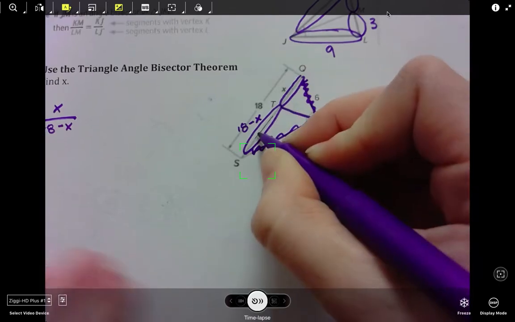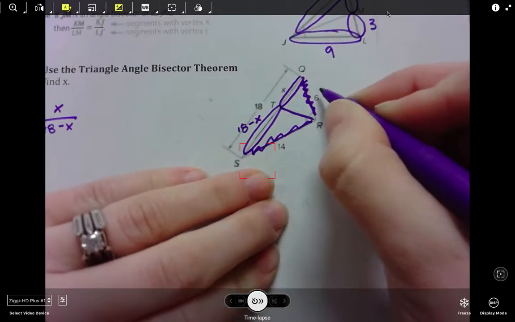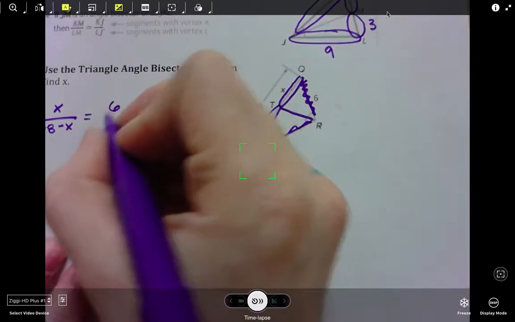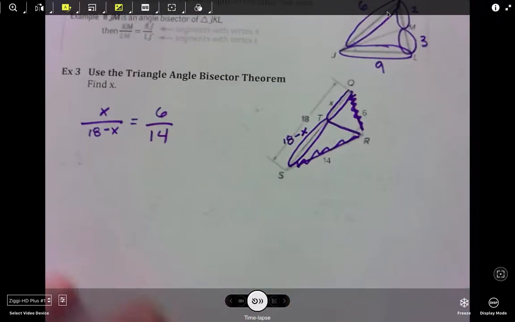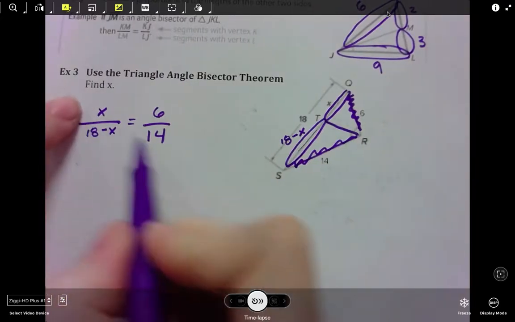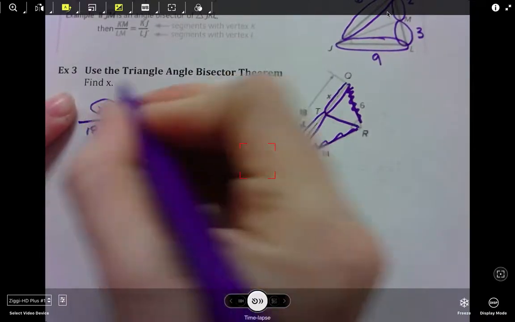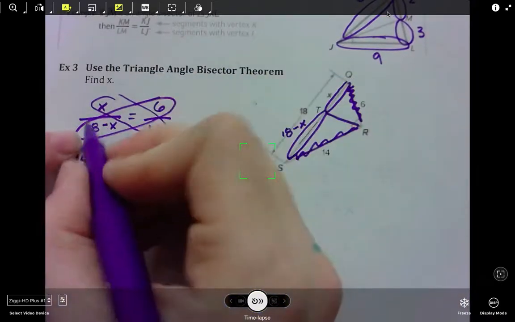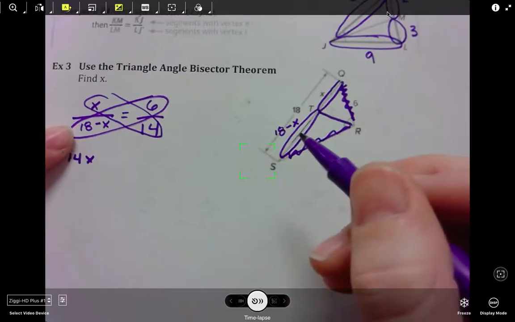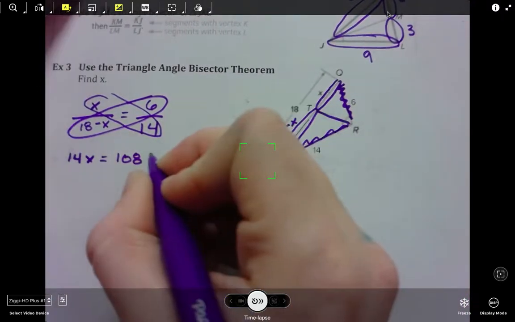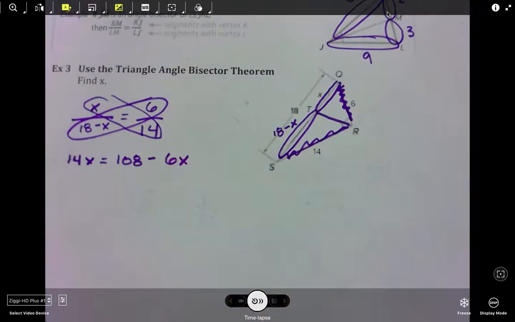So x over 18 minus x will have the same proportion as 6 over 14. So 6 over 14, and then I do a little cross multiply and divide. So x times 14 is just going to give me 14x. Okay, that one's the easy part. And then this one's a little bit harder. So 18 times 6 is 108 minus 6x.